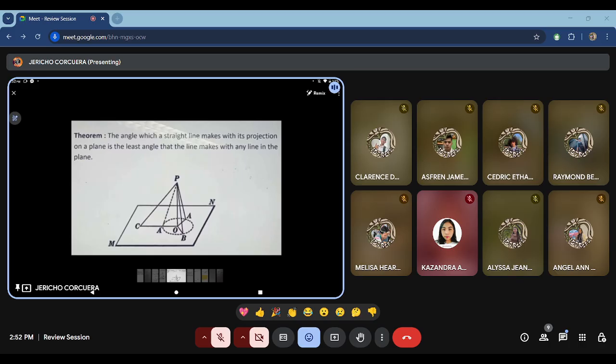It means that a straight line makes an angle with its projection on the plane, and that is the least angle that the line makes, because it is a straight line. Anyways, next.